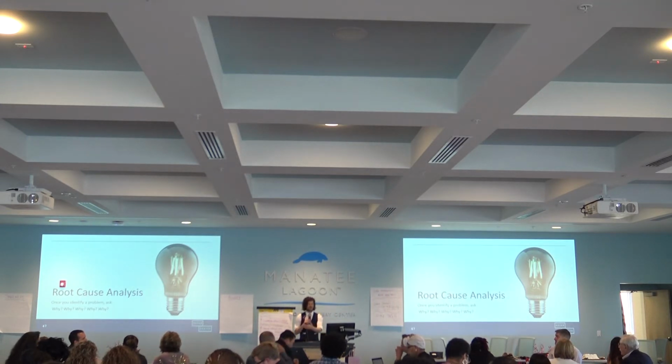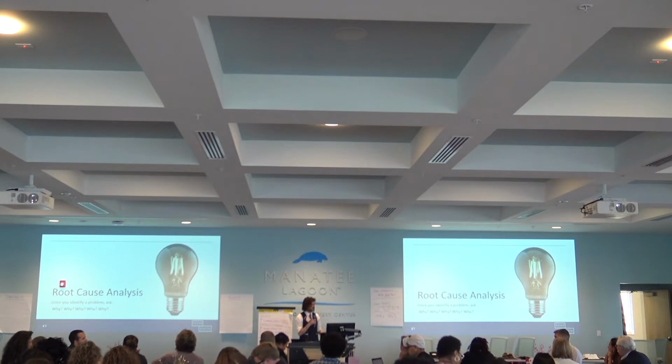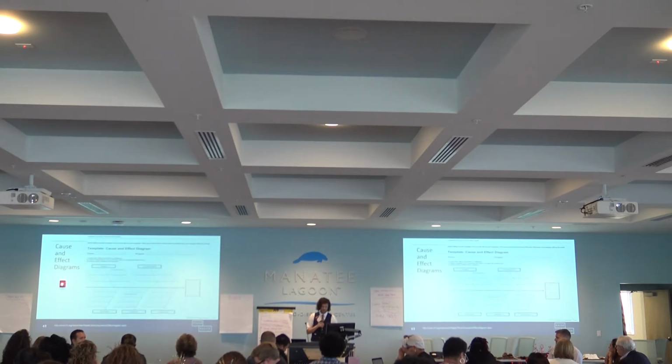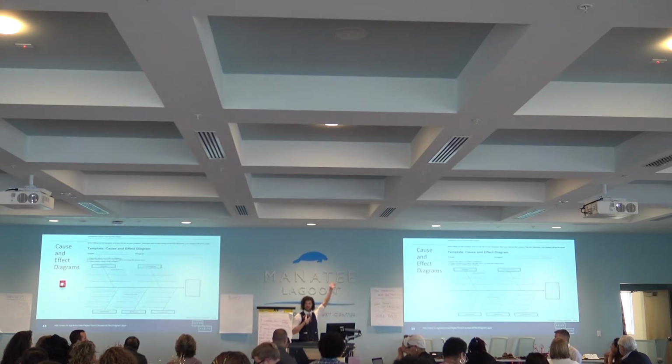So let's think about root cause analysis, going to Mary's question from before, so that we can really push this out for you to have a solid understanding of what we mean. Once you identify a problem, ask yourself why? There are different ways that we can think about root cause analysis. This is a very common one. Who here has seen a fishbone diagram before?